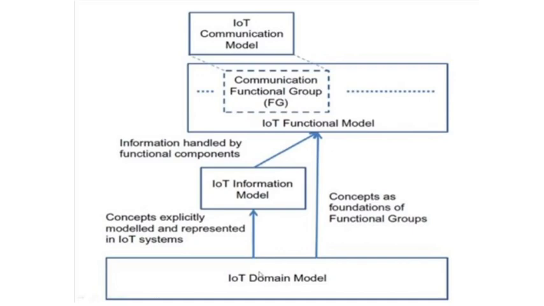The first one is the communication functional group, that is FG. Now this IoT functional model will look after all the functions that are going to happen during the reference model, and while we are preparing the original model, I mean the architecture, it will look after all the functional groups that are going to work during the whole architecture, or during the whole system.